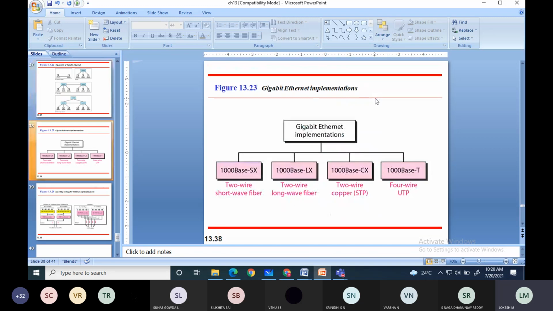So based on these types of networks, we might use these Gigabit Ethernet implementations.